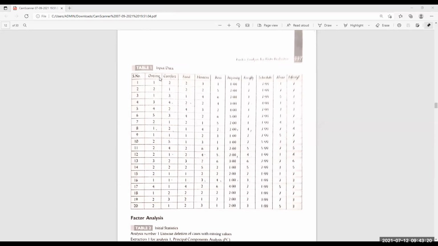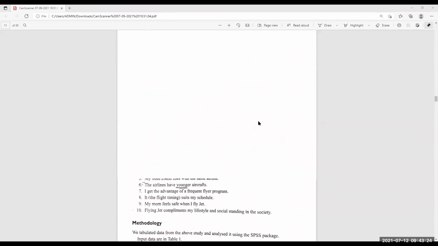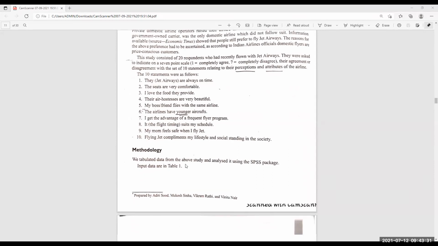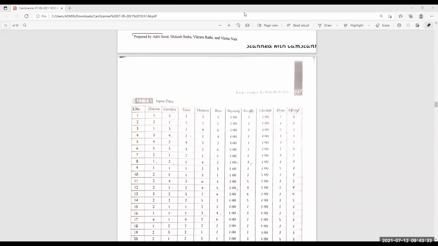So these are basically the 10 items, the 10 scales that are put up here. You remember 10 statements were used. First is Jet Airways is always on time. Where is it captured? Let me put the spotlight here. The capturing is in the second column. The first column is actually the serial number, right?